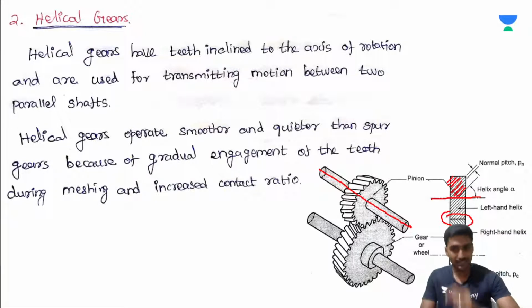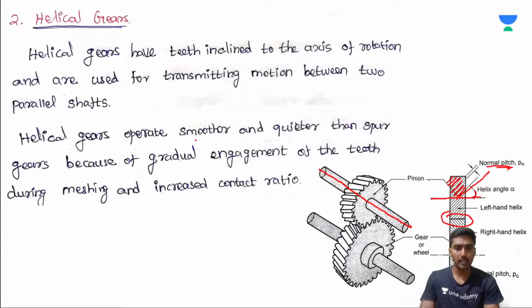Here, the vertical distance between two adjacent teeth is called the axial pitch. Along the pitch angle direction, the adjacent teeth distance is called the normal pitch. Then the angle between the teeth and the shaft axis is the helix angle.